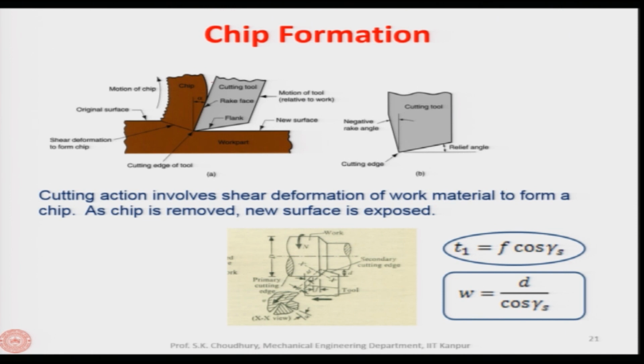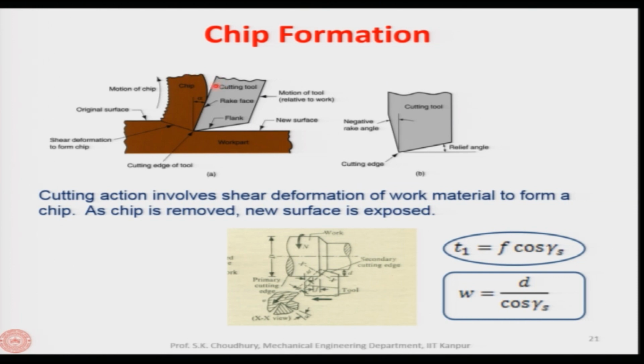Okay. Now, let us see the chip formation, how the chip is being formed. I have shown you this picture, it is similar to that. This is another view and here what is shown is the cutting tool, and this is the workpiece. When the tool has plunged into the workpiece of this much distance, this is the depth of cut, then the material is being removed because there is a permanent plastic deformation.